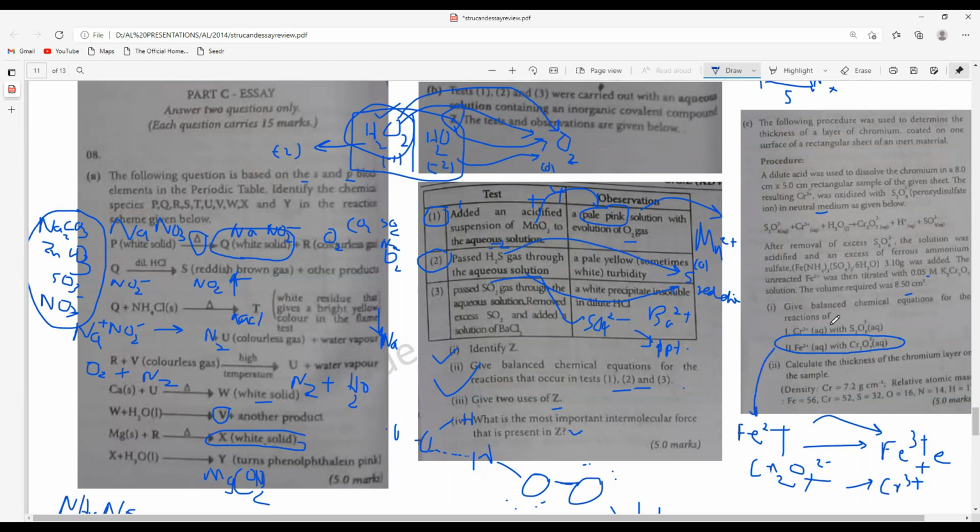The first reaction is, think about the first reaction. Chromium 3 plus reacting with S2O8 2 minus. What is the purpose of adding iron 2 plus with ammonium, basically the ferrous ammonium sulfate? That is one important thing that you need to identify here.